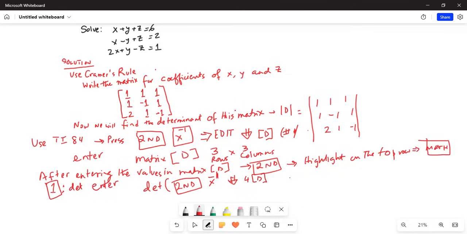On your calculator screen, you will see det of matrix D, and you can put a right parenthesis after that, and then hit enter. You will get the determinant of matrix D, which is 6.